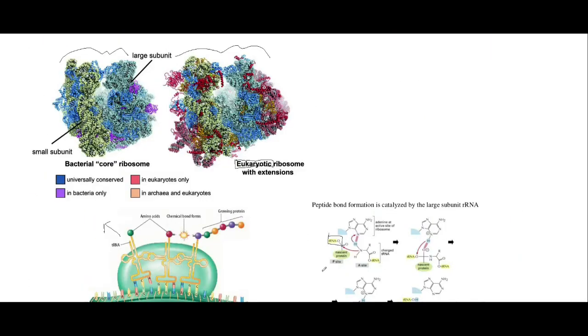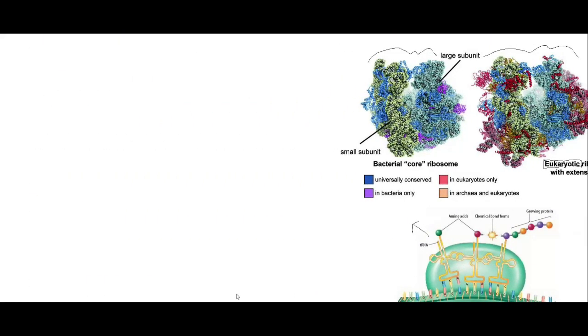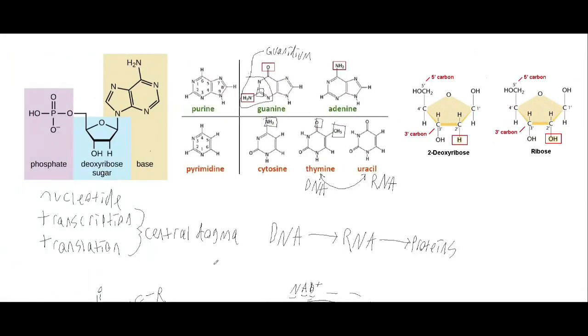I believe that is everything I wanted to say in this video. So that is a little bit about nucleotides, a little bit about transcription, translation, and post-translational modifications, and that is what we call the central dogma.